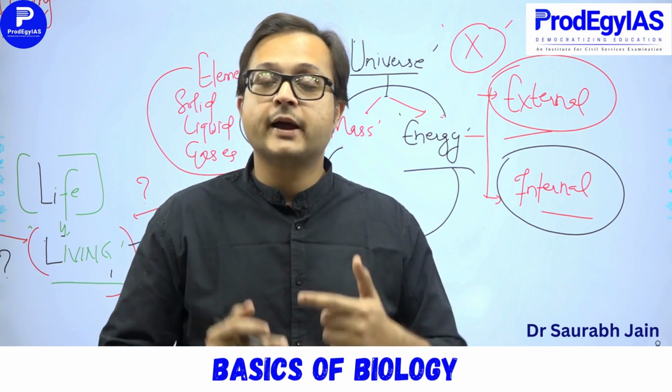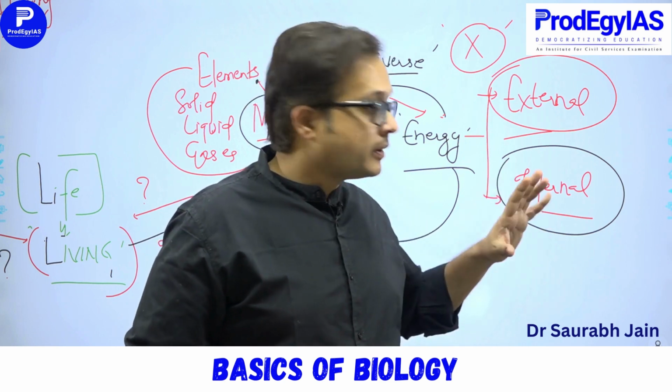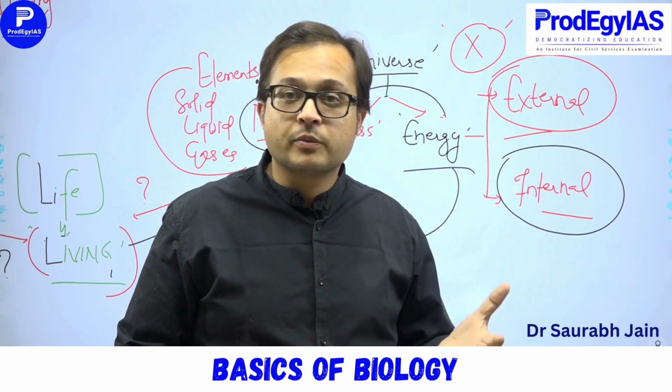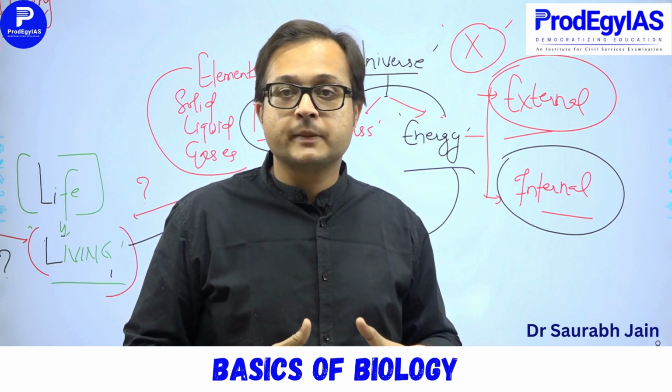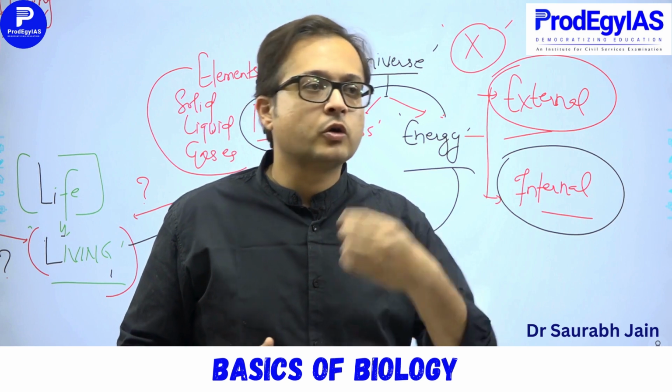This matter and energy cycle themselves, right? So they have an internal process. We have an internal arrangement. We have all different types of arrangements, be it a human or be it a bacteria.